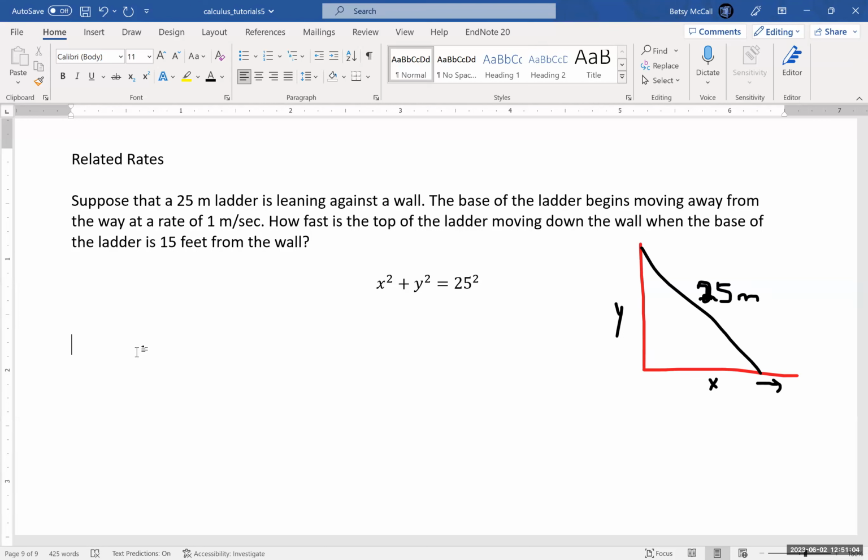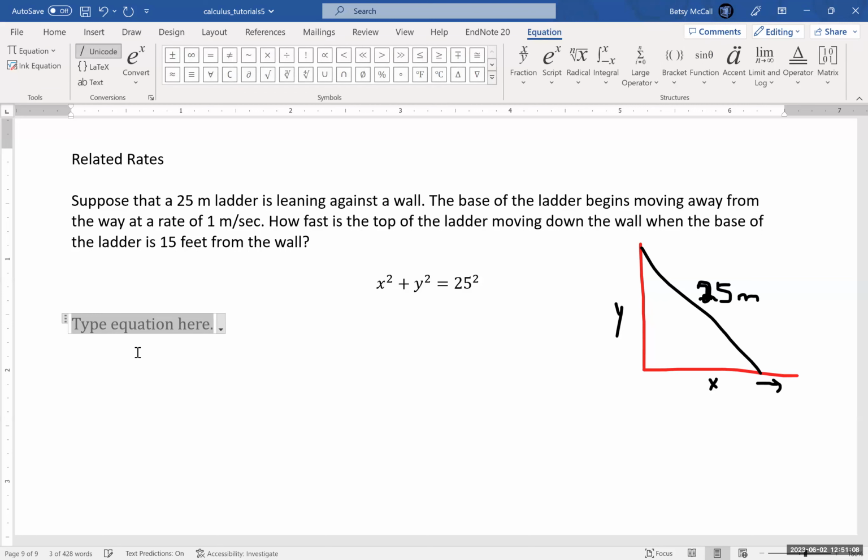So we're going to take the derivative, and if we take the derivative of x squared with respect to time, remember this is a chain rule. x is a function of time, and so we're going to take the derivative normally, and then we're going to multiply by dx/dt.